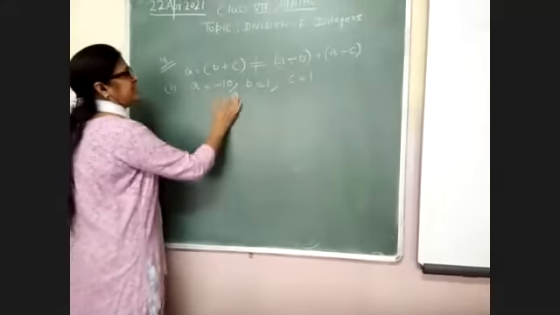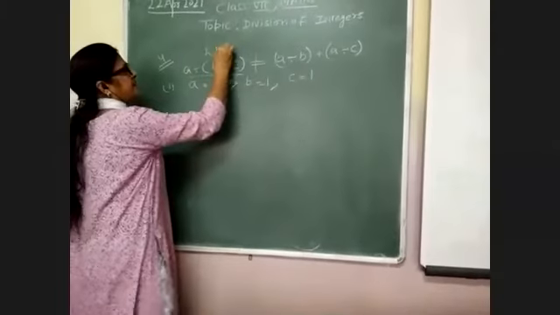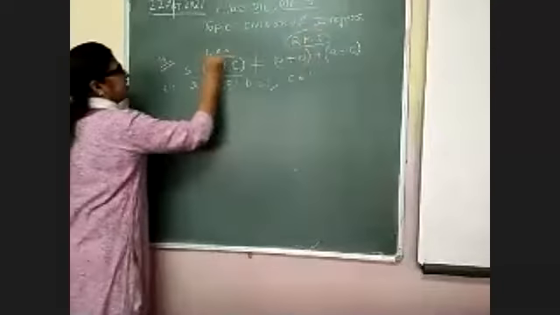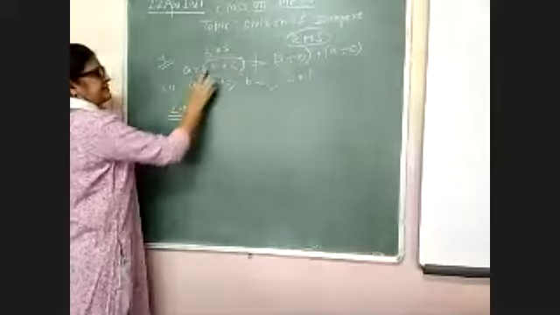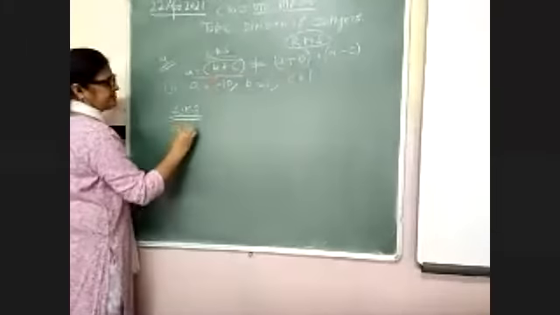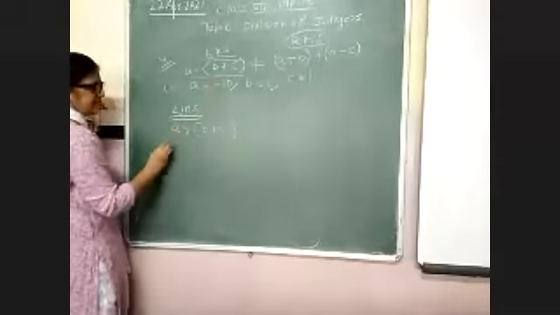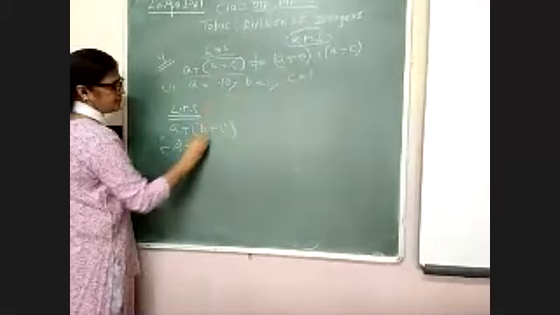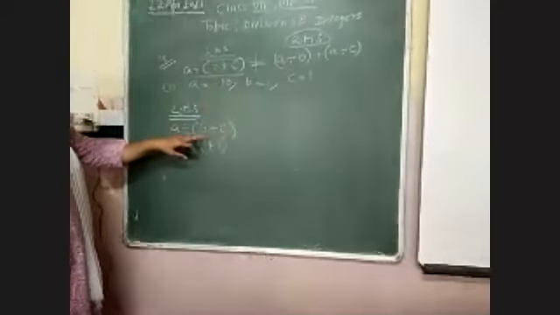Now put these values in this. This is your left hand side and this is your right hand side. So first you will take the left hand side. On the left hand side, A divided by B plus C. Here A is minus 10 divided by B is 1 and C is also 1. Right? First put the value.